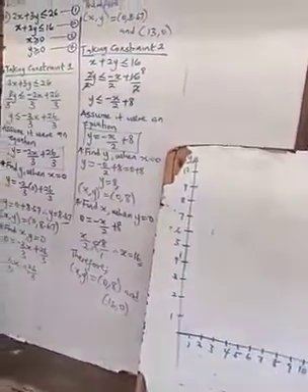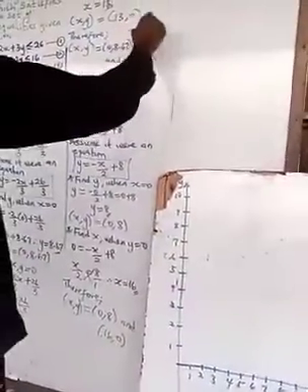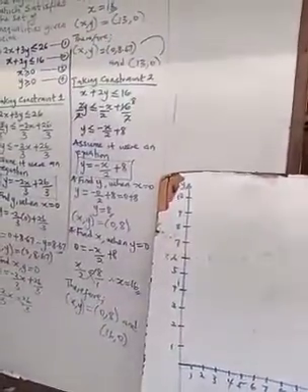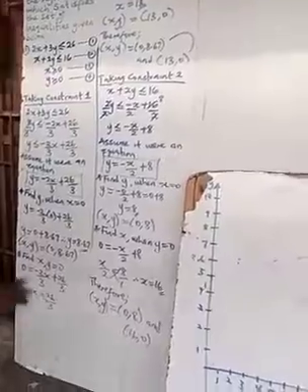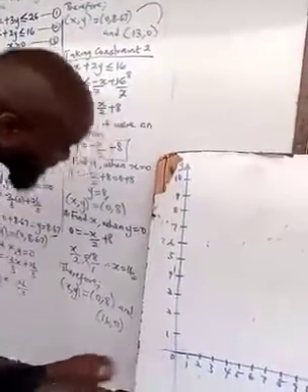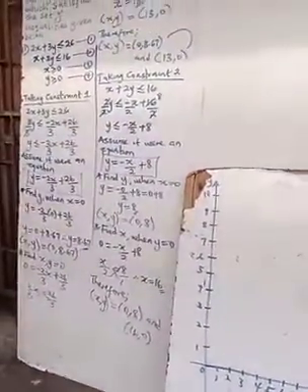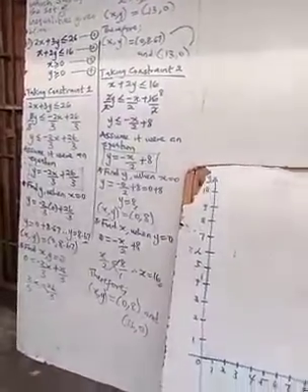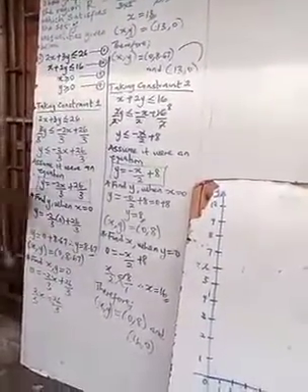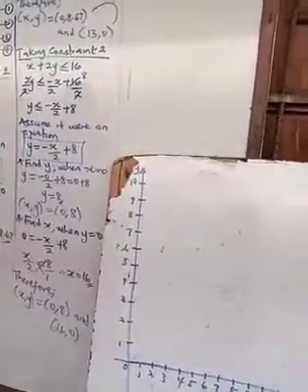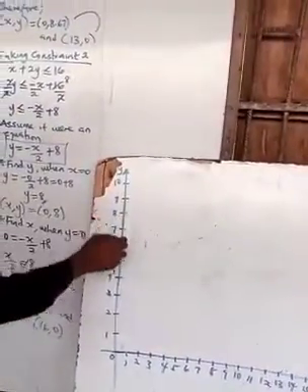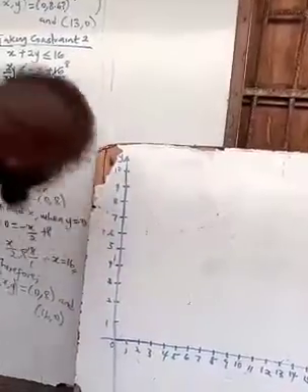Okay, now for constraint 1, these are the coordinates we are using. Before we do that, we'll start with the single ones. Now this is x greater than or equals to 0. This is the origin. So that means it is cutting x when it is 0, so we have this axis.